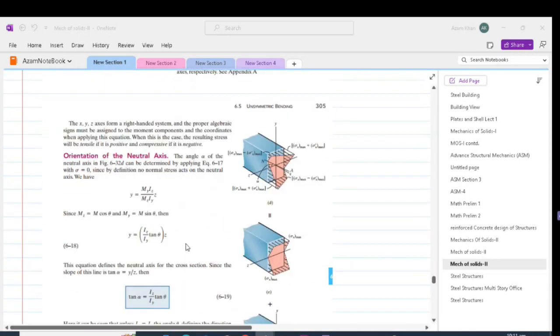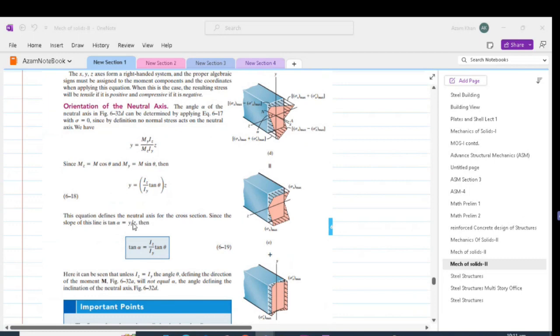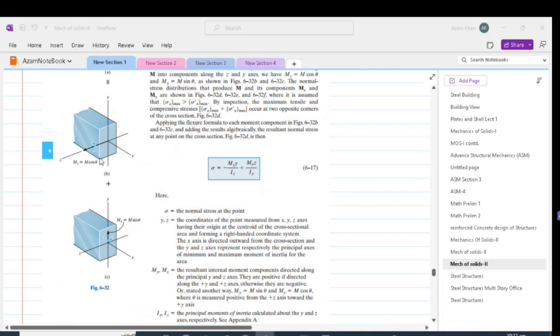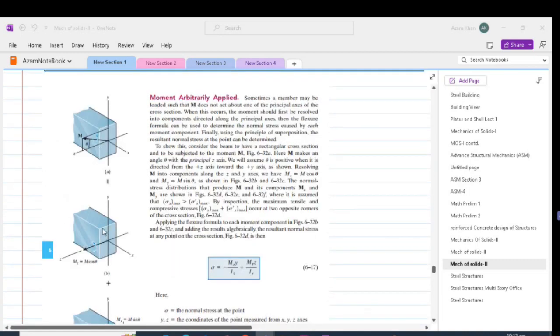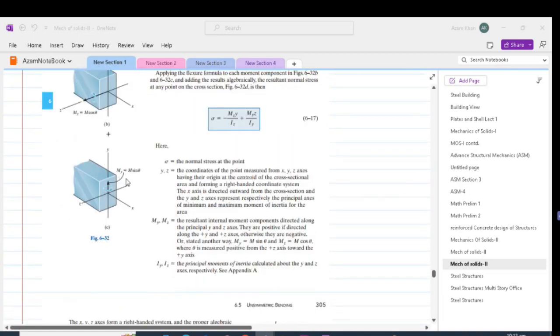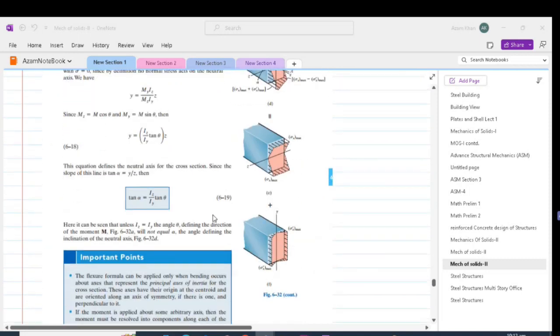Y by z will be equal to tangent alpha. The components of M can be considered as Mz equal to M cos theta and My equal to M sine theta. Plugging that in this equation, we will finally get tangent alpha is equal to Iz by Iy tangent theta.